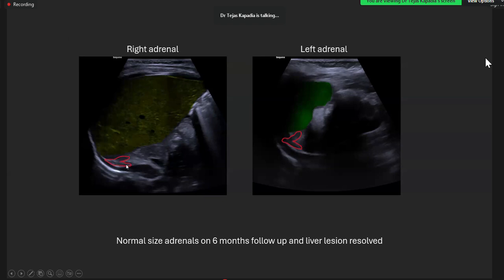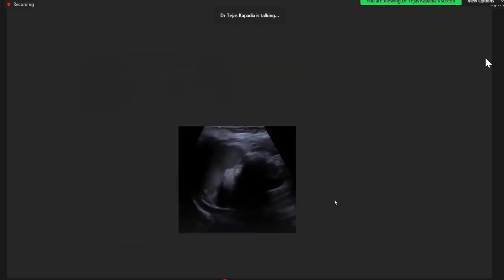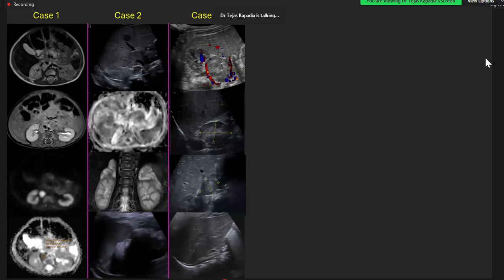So that's the liver, right adrenal, spleen, left adrenal, returned back to nearly normal size. And I remember this kid very well, following them up every few months, and they had a good outcome overall without any treatment.